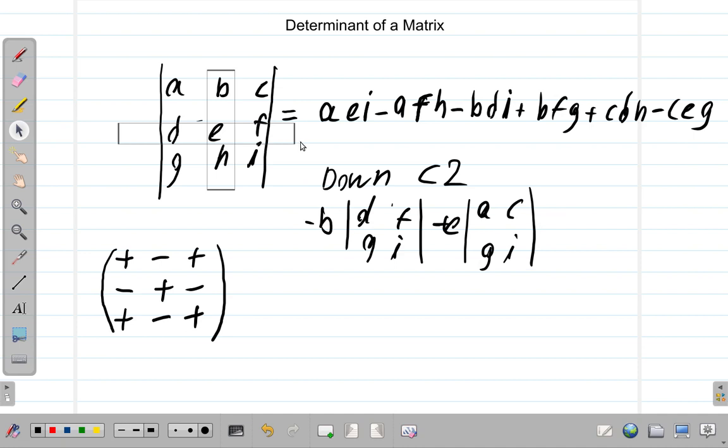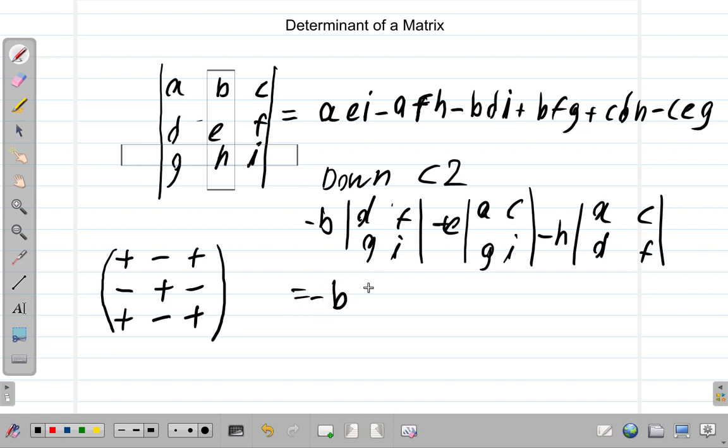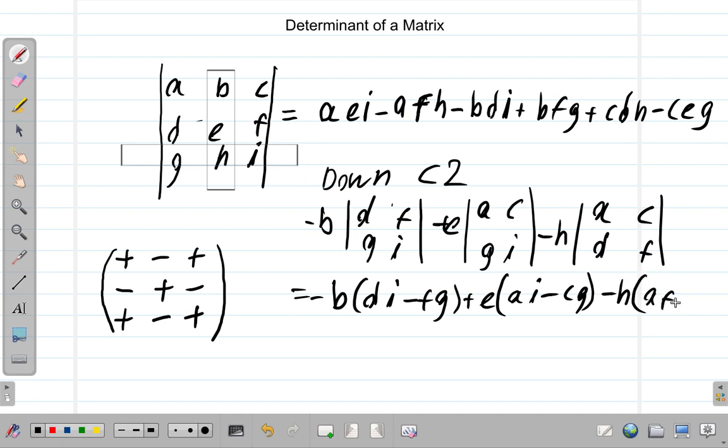Then we go down. We cover H, and H is minus H, and the elements here are A, C, D, F. So what we have here is minus B times (DI minus FG), plus E times (AI minus CG), minus H times (AF minus CD).